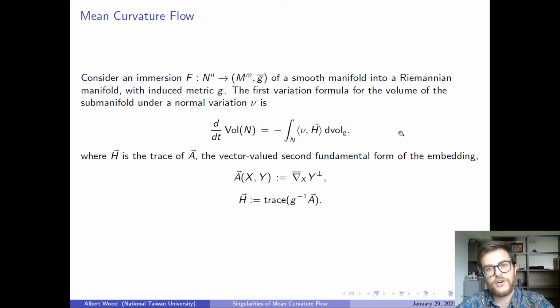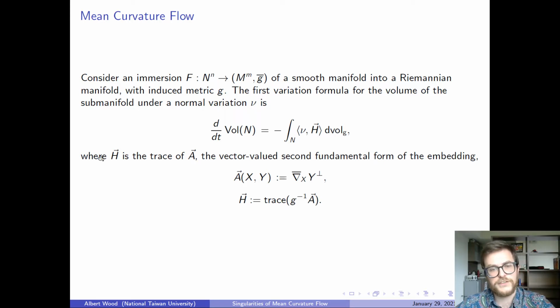And then a very common thing to study is the variation for the volume functional. So the volume of the submanifold, as long as this is a compact submanifold, this volume is well defined, and we can look at the first variation, which gives us this formula here, where we pick some normal vector field to the submanifold inside M, and it turns out the first variation is given by the negative integral of this normal variation dotted with the mean curvature vector.